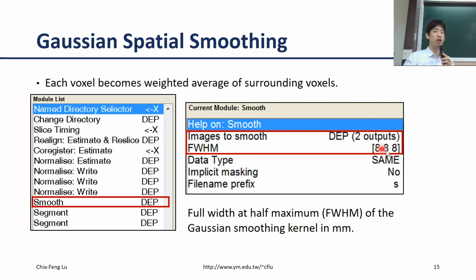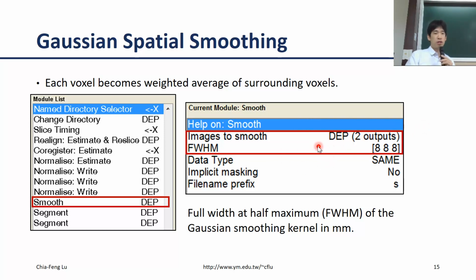Do not use 4, 6, 8. Do not do this. Please use three identical values because you definitely want the same amount of smoothing effect on the three different axes right here. So these three values are the effect on the x-axis, y-axis, and z-axis. I recommend you use the identical value for 3 dimensions.